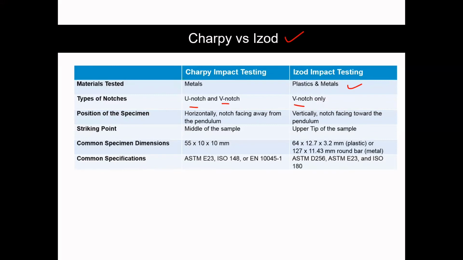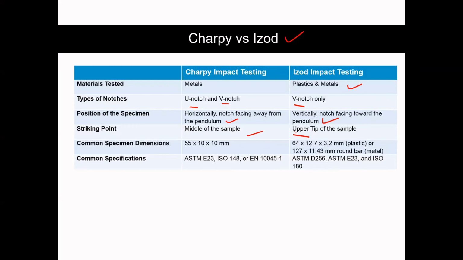In terms of the position of the specimen, for Charpy impact testing, the specimen is horizontal with the notch facing away from the pendulum. On the other hand, for Izod impact testing, the specimen is vertical with the notch facing toward the pendulum. The striking point of Charpy impact testing is in the middle of the sample, and for Izod impact testing, the striking point is at the upper tip of the sample.